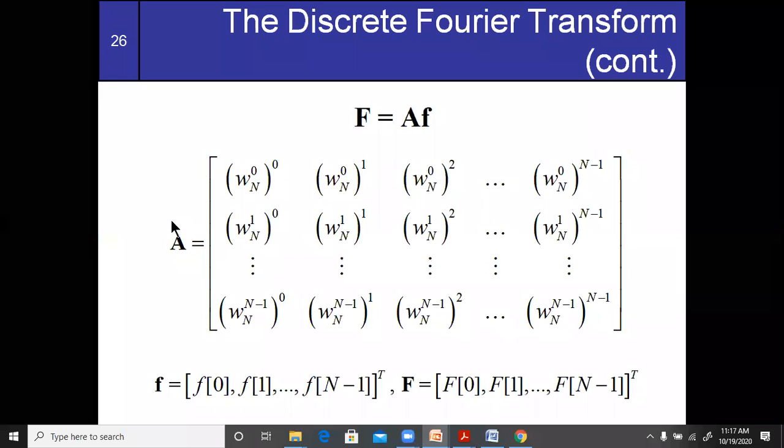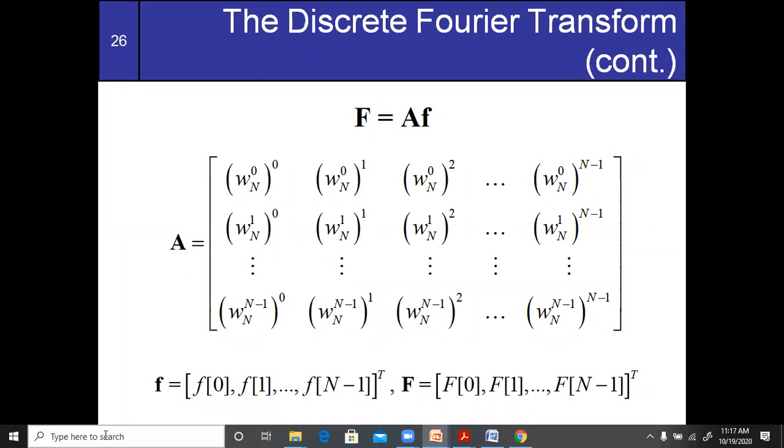And this matrix A is multiplied by f, and f is nothing but f of 0, f of 1, up to f of N minus 1, whole transpose. After taking the transpose, this becomes a column matrix. This also is a column matrix, where F is written F of 0, F of 1, F of 2 till F of N minus 1, right?